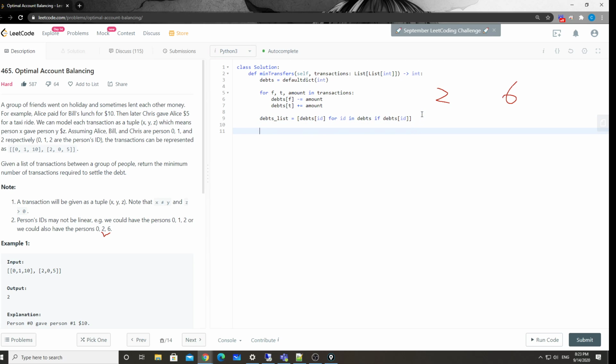We don't care about the original ID of that person, because we are simply trying to get the minimum number of transactions. So the ID doesn't really make too much sense to us. Now the backtracking, and let's get the length of that list.